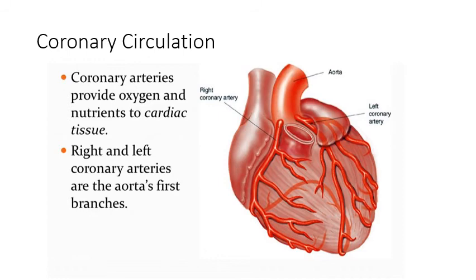The second type of circulation is the coronary circulation. It shows the movement of blood through the tissues of the heart. Coronary arteries provide oxygen and nutrients to cardiac tissue. Right and left coronary arteries are the aorta's first branches.